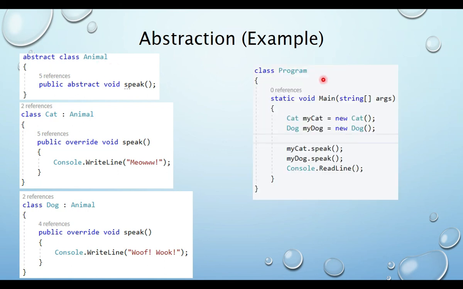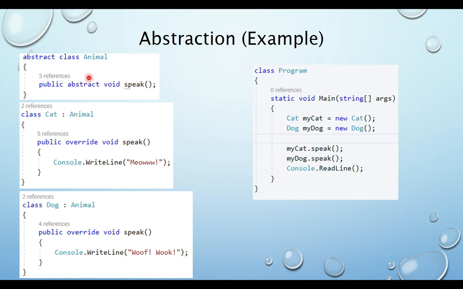And then inside of our Main class that contains our main method, we created a myCat object out of the Cat class and a myDog object out of the Dog class, and we call the speak method of the myCat object, and it will show "meow," and the speak method of the myDog object will also display "woof woof."